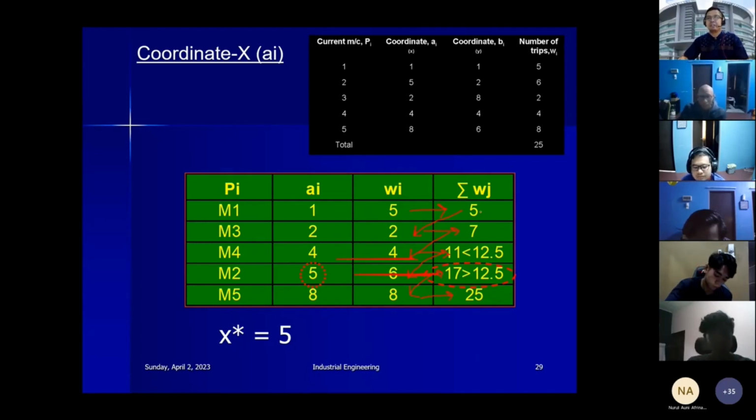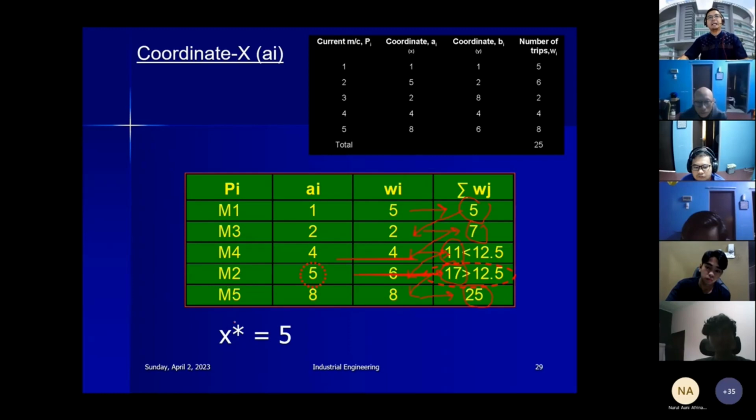So we have 5 here, 7 here, 11 here, 17 here, and lastly 25. This is how we calculate the sum of the WJ.